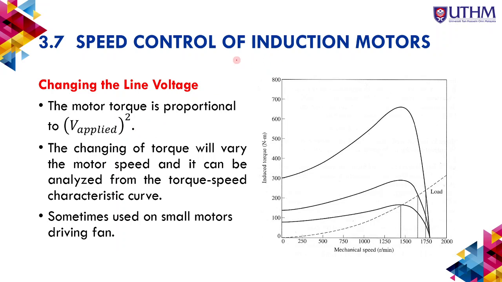If we write it again, T induced is equal to 3 VTH squared R2 over S, divided by omega sync times the quantity (RTH plus R2 over S) squared plus (XTH plus X2) squared.